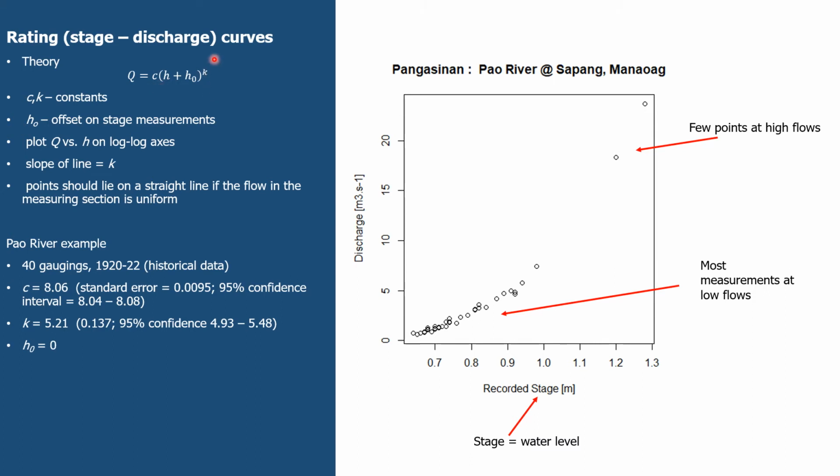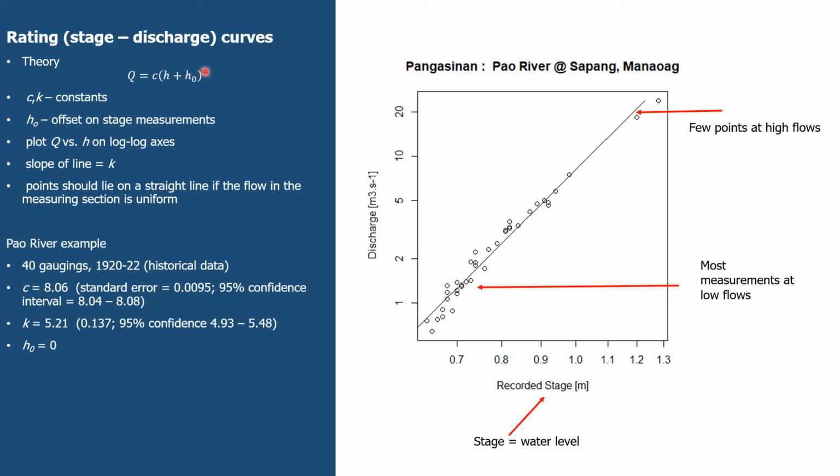The other is this exponent K, which tells us how curved this relationship is. And in here, we also have the water level, H. We may need an offset because quite often the 0 point on your water level measurements might not be the lowest point on the riverbed. So sometimes we need to include an offset.